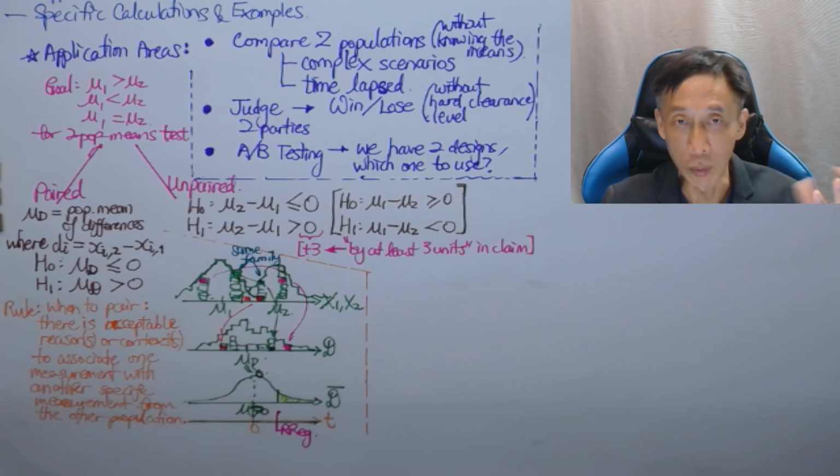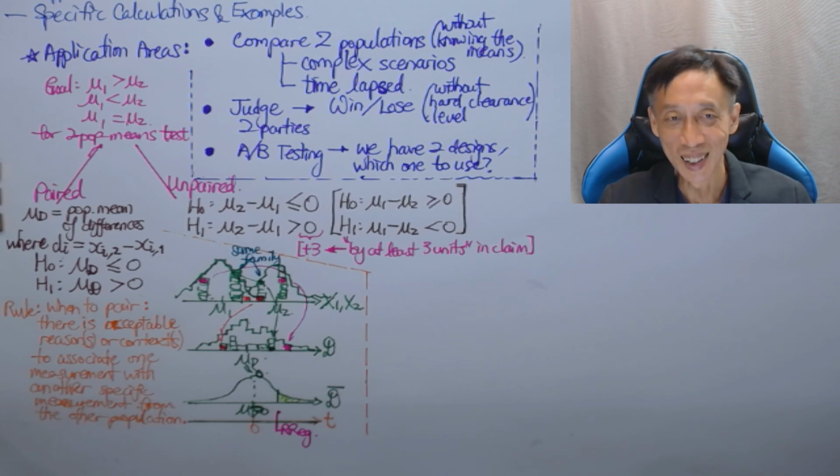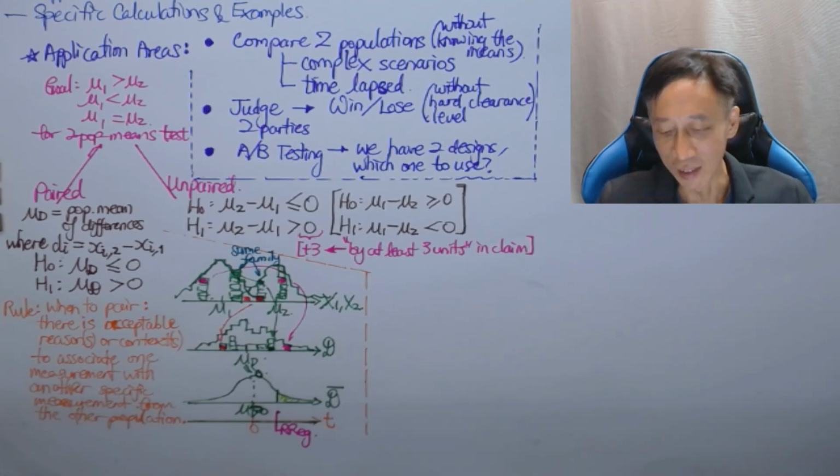So altogether 8 combinations. And I haven't started talking about what if one population is normal, the other one is not, right? One population has known variance, the other one is not. I haven't started talking about those. So by right, if you want to handle all these situations, well, there are many, many branches, and that is just unnecessarily confusing.